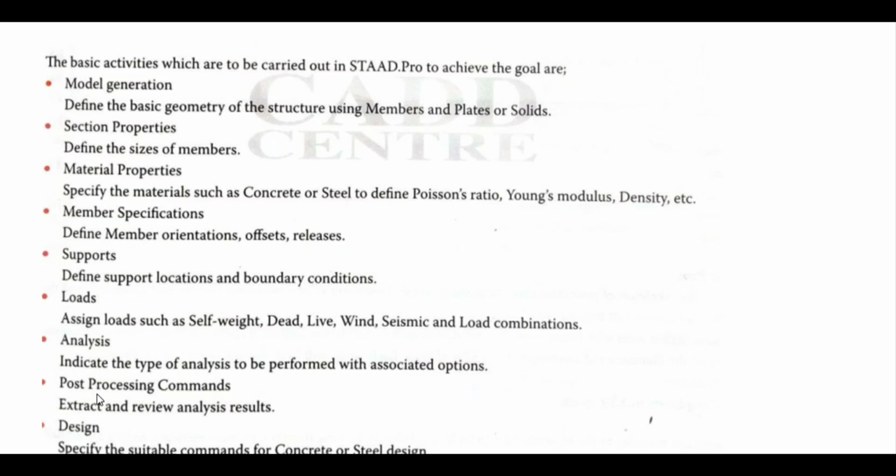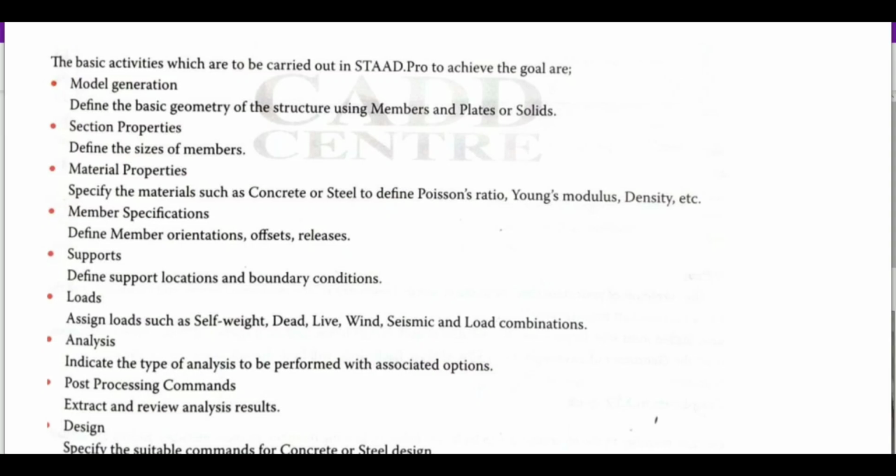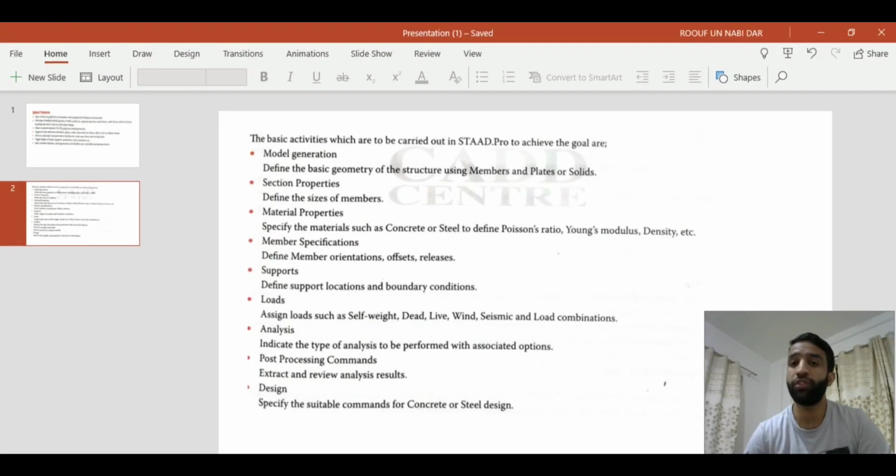Then, after post processing of the analysis results, we go for the design, and we do concrete and steel designs using different codes. For steel, we have different codes, and for concrete, we have different codes for different countries as well.